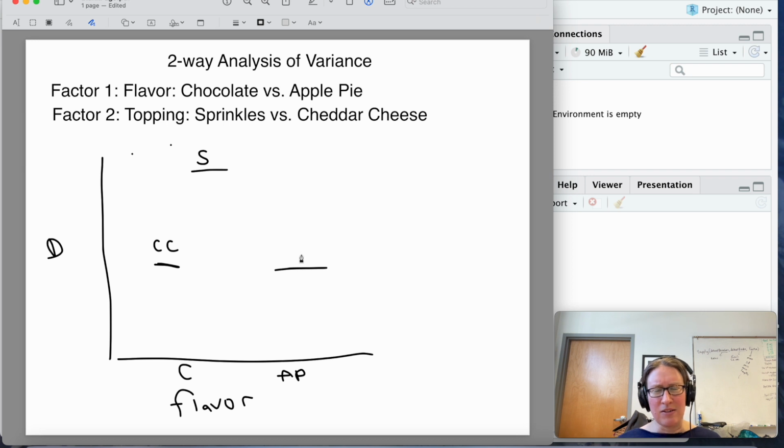All right, and now let's think about these with apple pie. Apple pie ice cream and sprinkles, that's okay, but to be honest, it's still not nearly as good as chocolate ice cream with sprinkles. So for me, apple pie with sprinkles is going to be somewhere down here. And then now if you think about apple pie and cheddar cheese, this is where things get interesting.